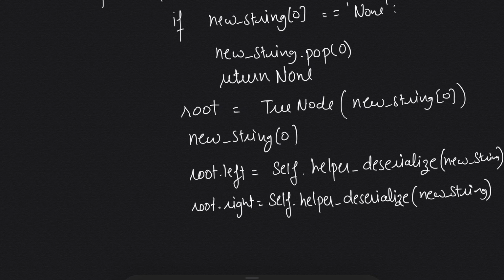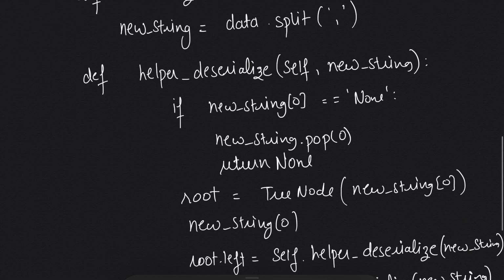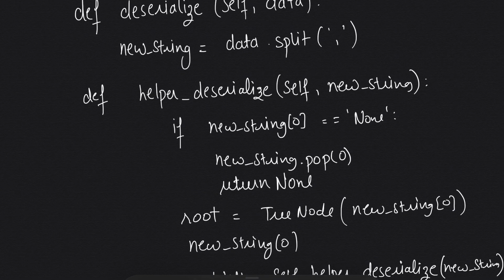And at the end, we will simply return the root. And now we will use our helper function in the main function. So the root will be equal to self dot helper deserialize with new string, and we will return root.